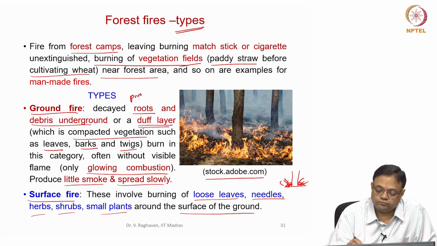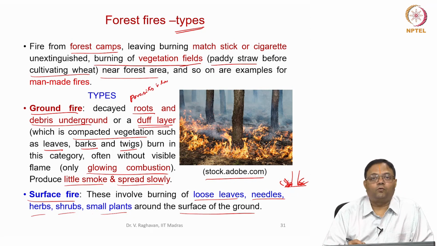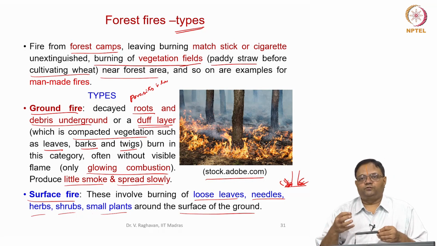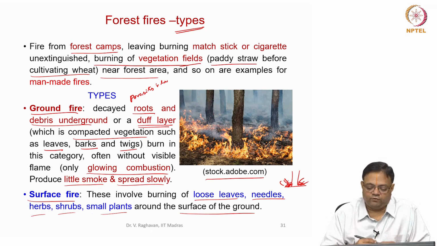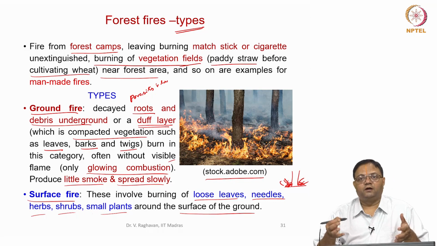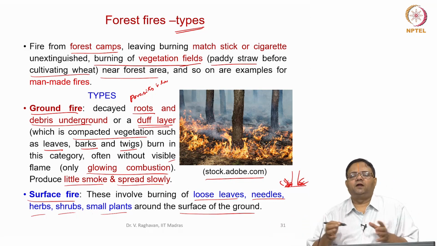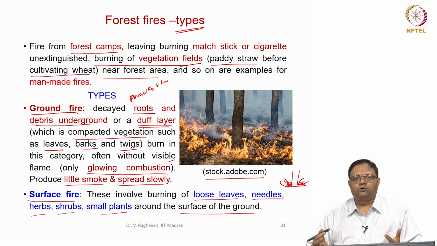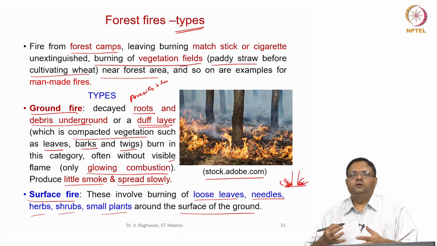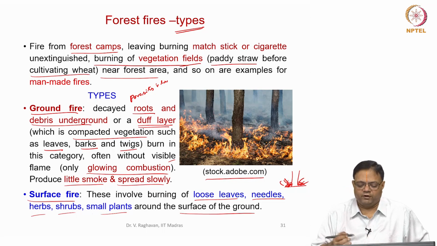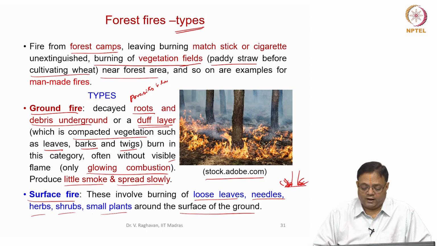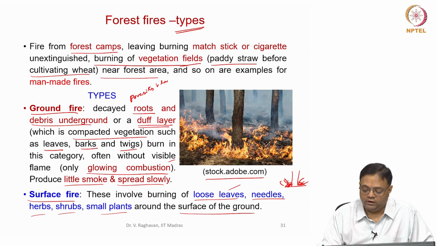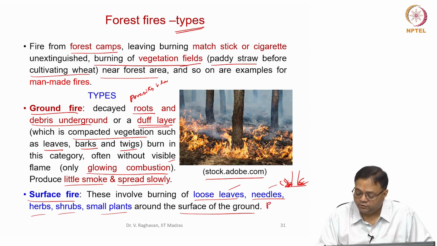So due to low porosity, a smoldering type of combustion basically occurs after flaming combustion. Predominantly this combustion will be a smoldering type. So the heat release rate, spread rate etc. are very low. On the other hand, surface fire involves loose leaves, needles etc. The porosity is higher.